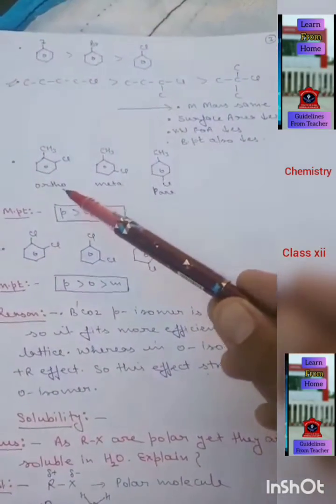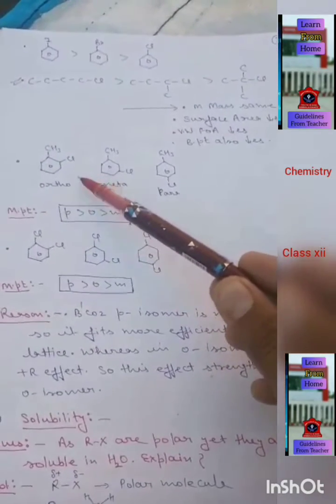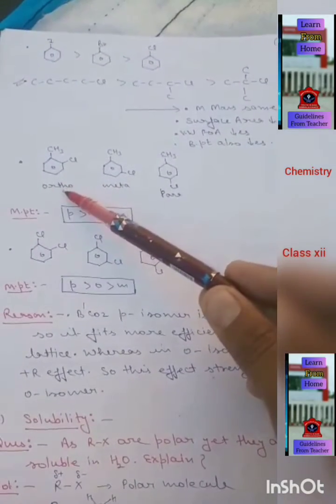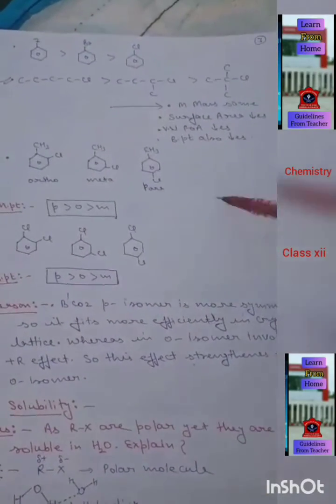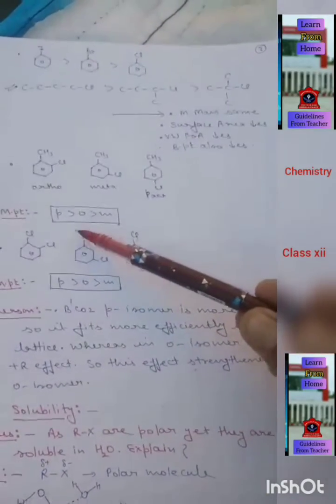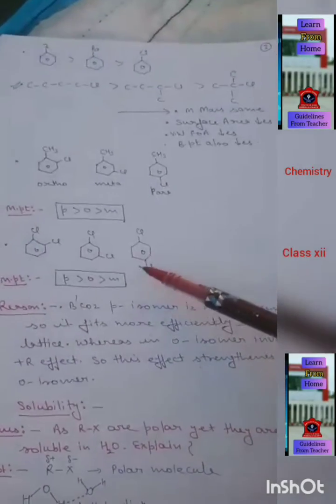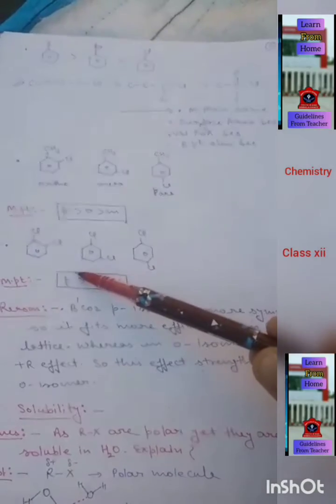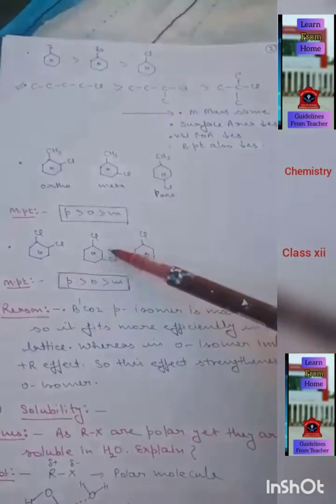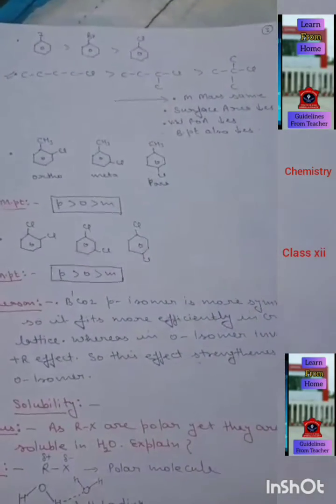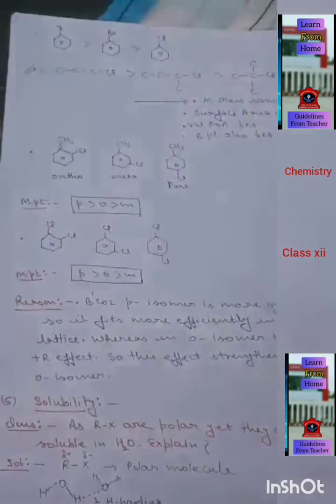But in case of ortho, the plus R effect, or we can say the resonance effect, plays an important role. So the order is para, ortho and meta. Similarly, this is another NCERT example, 1,2, 1,3 and 1,4 dichlorobenzene, and the order remains the same.